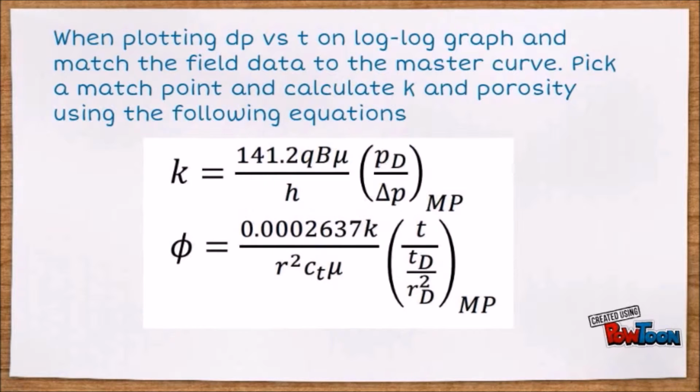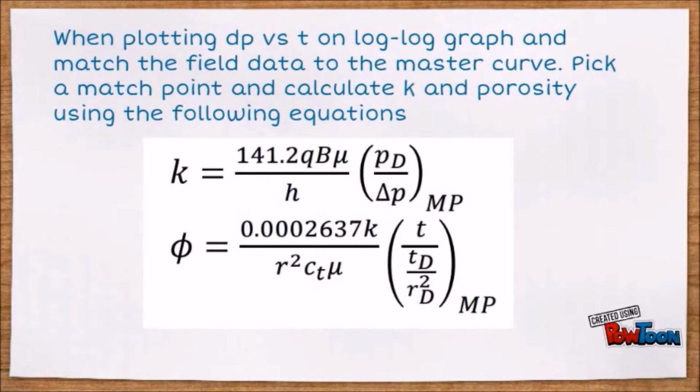Then we pick a match point, and finally we calculate the K permeability and porosity of the reservoir using the following equations. As you can see, these are the formulas for permeability and porosity using the data gained from the type curve matching in the calculation. And the four data which are gained from the type curve matching are the PD, the delta P, T, and Td over R squared D.